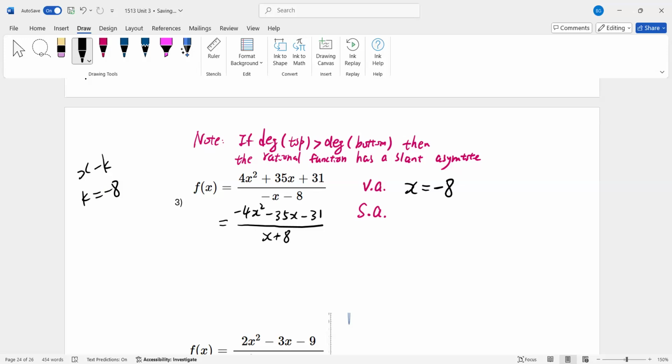All right, so let's use the synthetic method. The numerator is already in standard form. The coefficients are -4, -35, -31. And k is -8, put it here. Bring down -4. -8 times -4 is 32. -35 plus 32 is -3. -3 times -8 is 24. -31 plus 24 is -7.